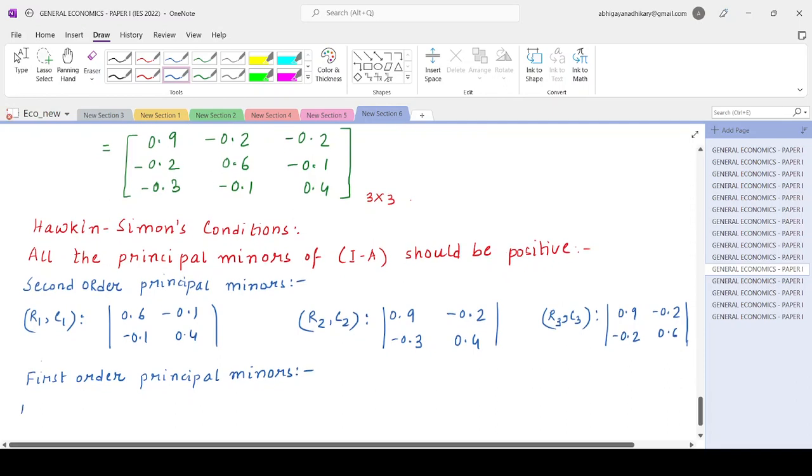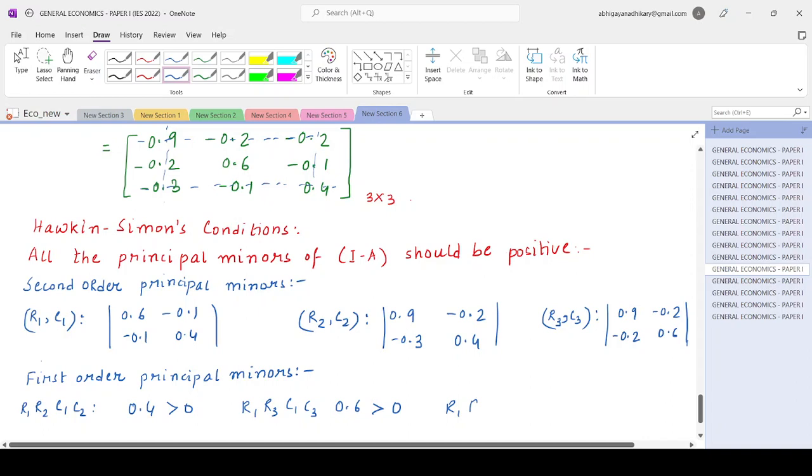You eliminate rows 1 and 2 and columns 1 and 2. What do you get? You basically get 0.4, which is positive. Next you eliminate row 1, row 3, column 1 and column 3. So you basically get 0.6, which is again positive.